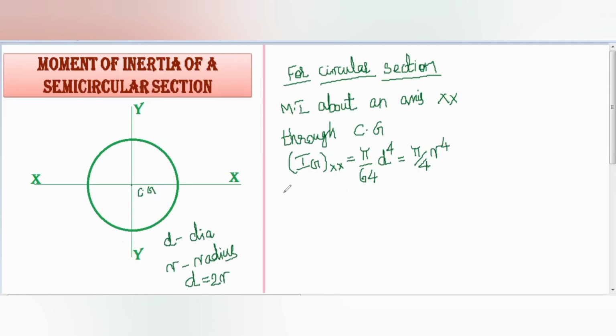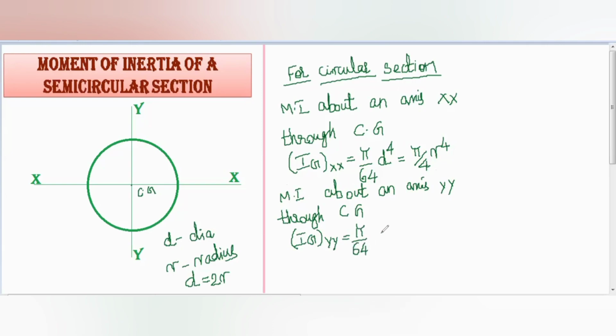Same way, we know that moment of inertia about an axis y-y passes through the center of gravity, IG y-y, that equal to same, because of symmetry with respect to the x-axis and y-y axis.